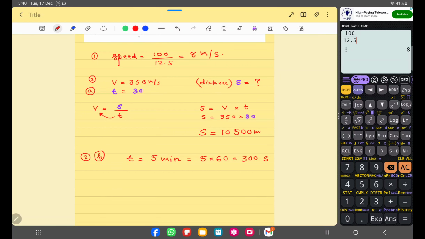Now we are calculating distance, and the distance formula is speed into time. So distance equals speed into time. Speed is 350 and time is 300 seconds. If we take the product of 350 with 300, it is 105,000. Okay.